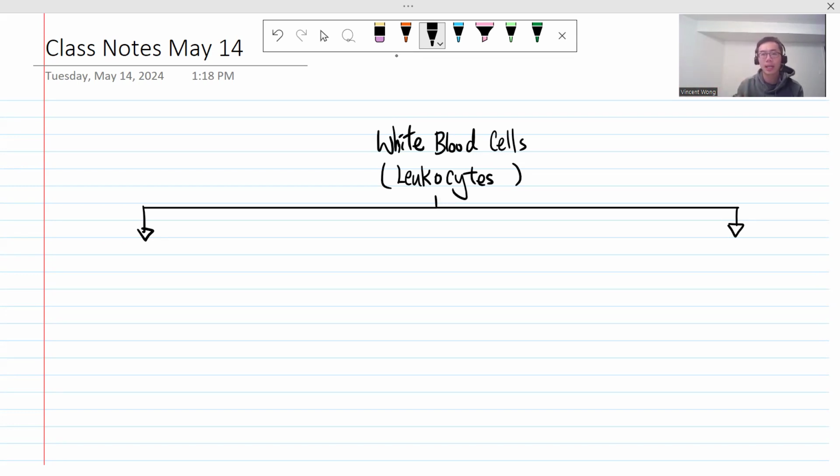Okay, so then we can classify the white cells into two categories. We have what's called granulocytes, and the opposite of granulocytes is the same word, granulocytes, but with an A in the front.